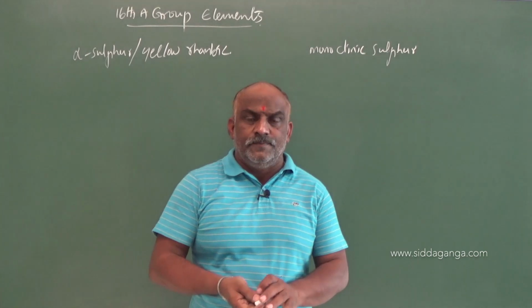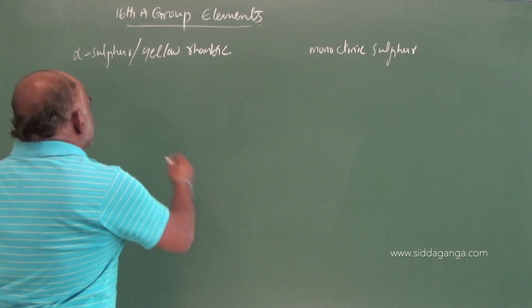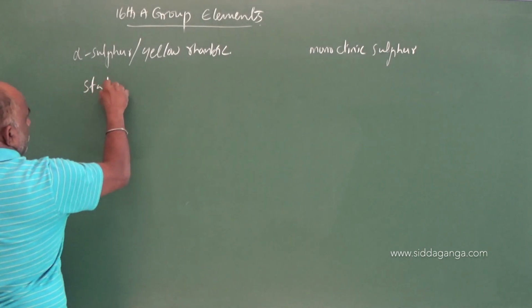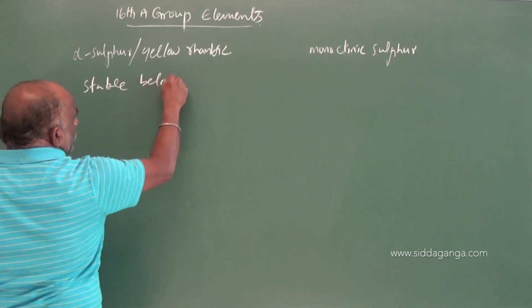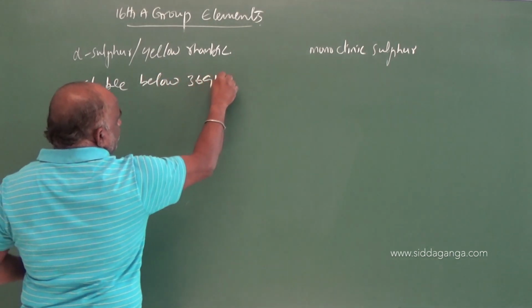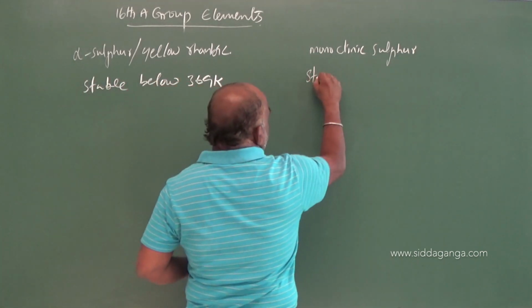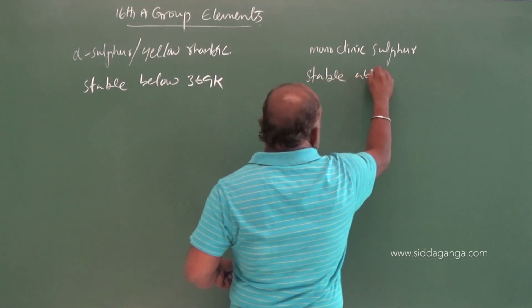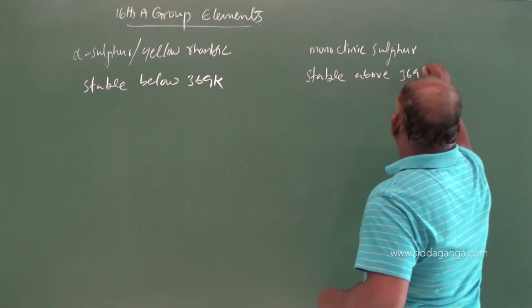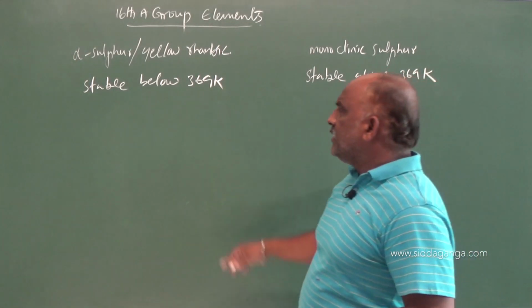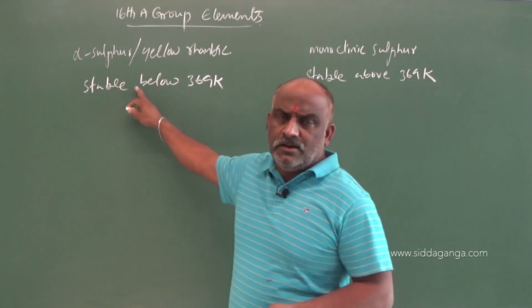Stability: alpha is stable below 369 kelvins. Here beta is stable above 369 kelvins.